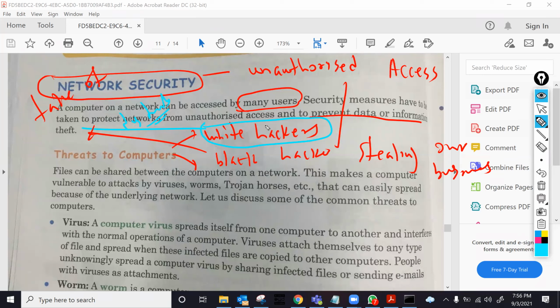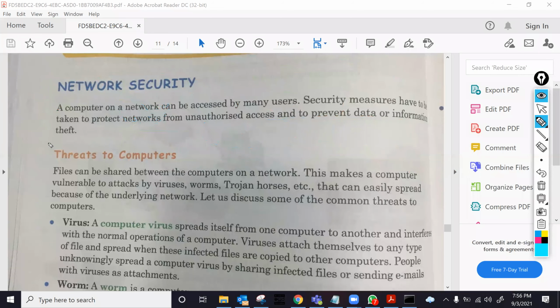So, threats to computers. Now we should know what kind of threats will affect your computer systems. Files can be shared between computers. This makes a computer vulnerable to attack by viruses, worms and trojans.